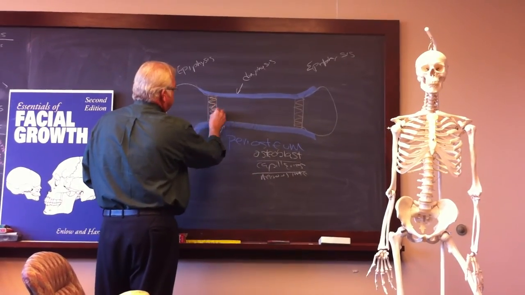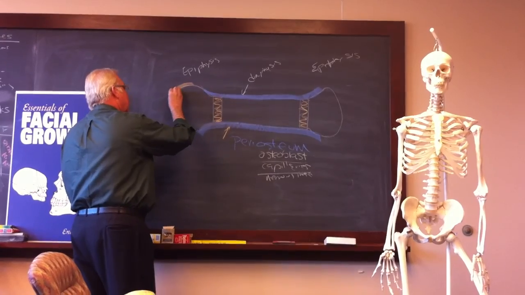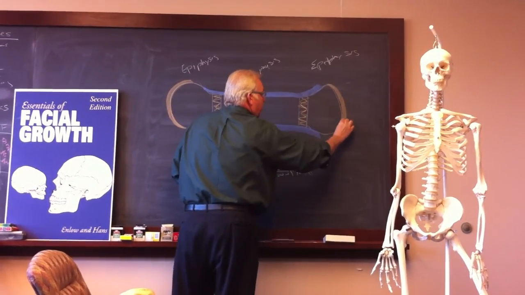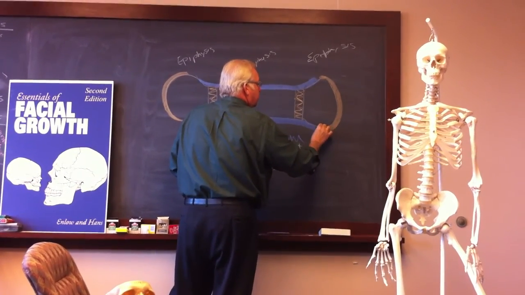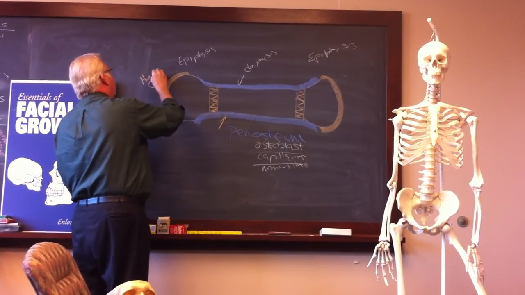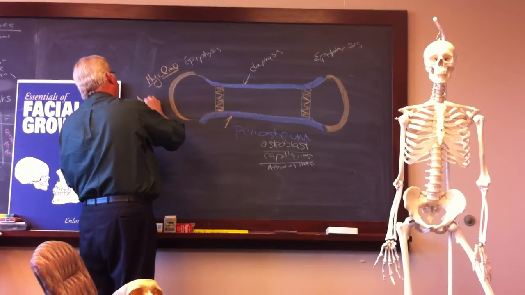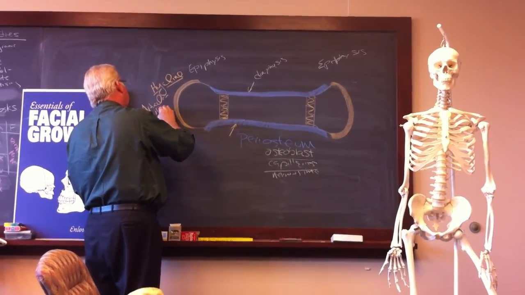So we see cartilage here in terms of growth cartilage. We also see cartilage on the ends of all the articular surfaces here. So here we see what we call hyaline or articular cartilage.